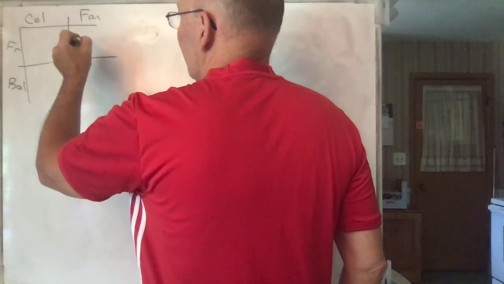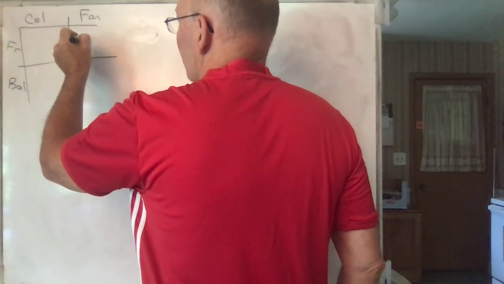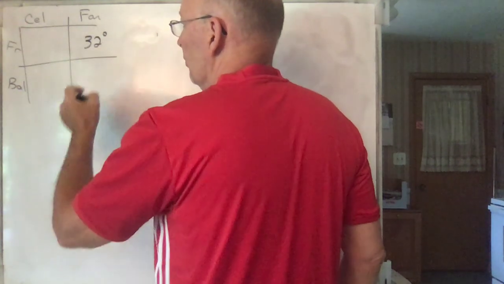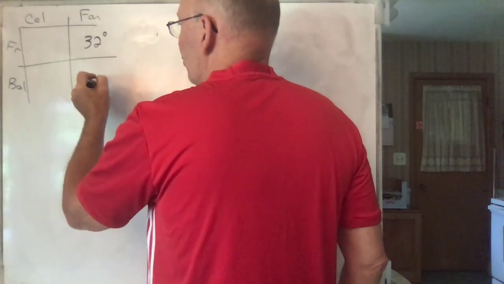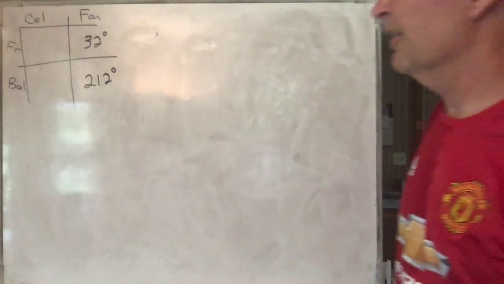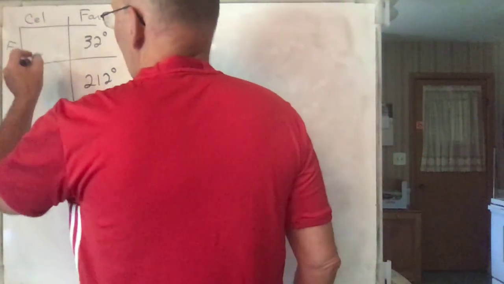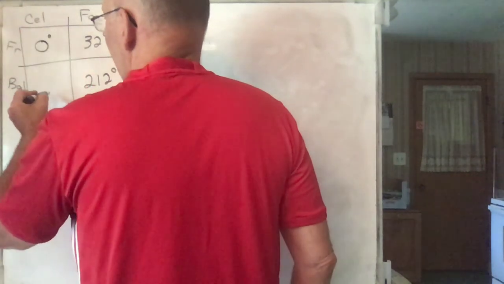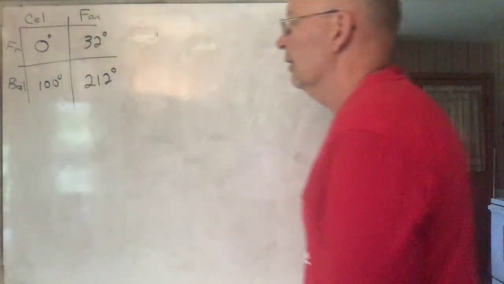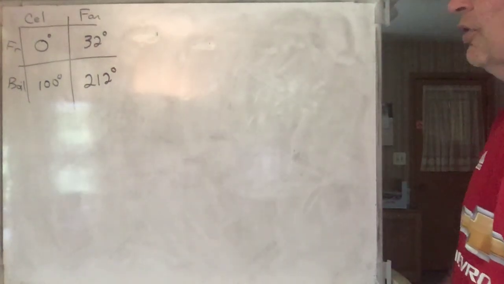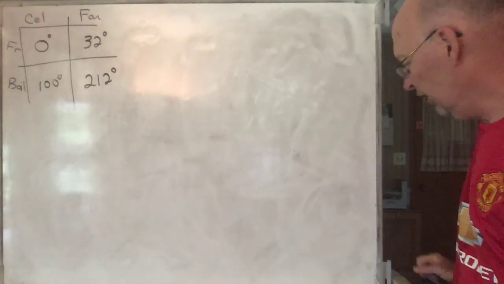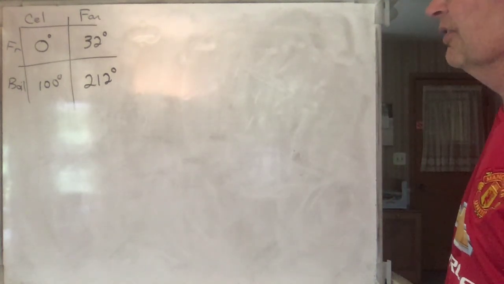In the Fahrenheit system, water freezes at 32 degrees and water boils at 212 degrees. Agreed? You remember that? And in the Celsius, or the centigrade system, water freezes at 0 degrees and boils at 100 degrees. Seems like a much more reasonable set of numbers to use than these. I don't know where those came from. Seems kind of arbitrary. But anyway, that's the way it is.